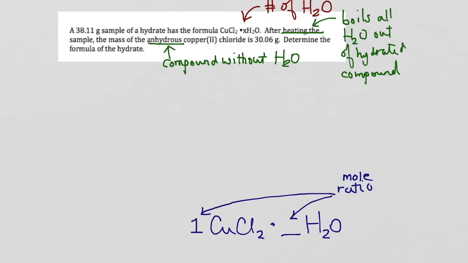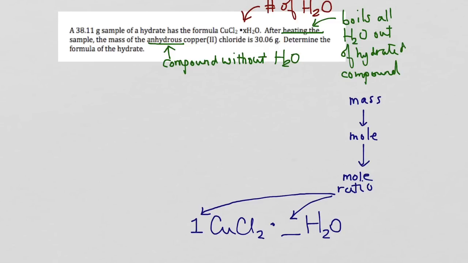So again, what we are getting at, just like empirical and molecular formula, at the end is a mole ratio. And the numbers they gave us are mass. So just like before, you're given a mass, you're going to find moles and then the mole ratio. Except this time, instead of finding mole ratios of elements, like moles of carbon to moles of hydrogen to moles of oxygen, you're finding a mole ratio of a compound.